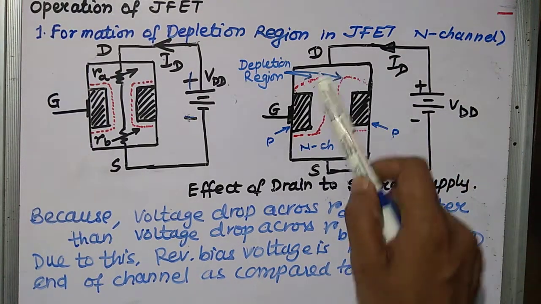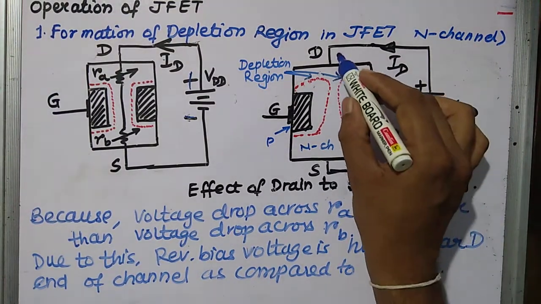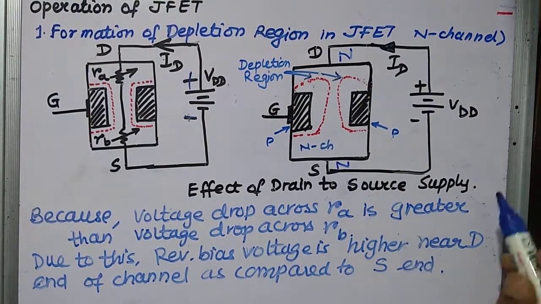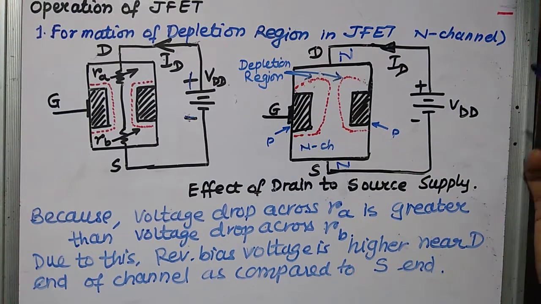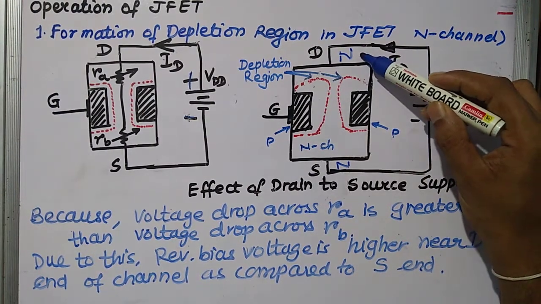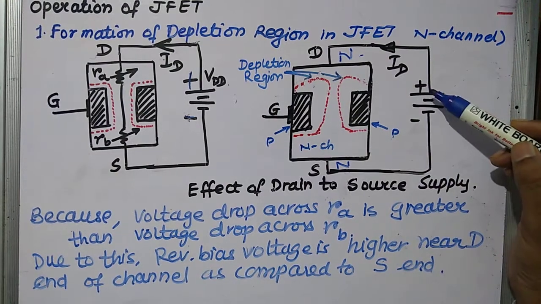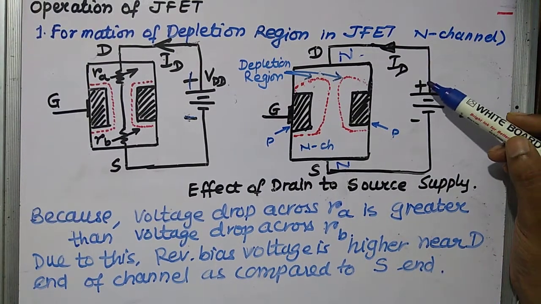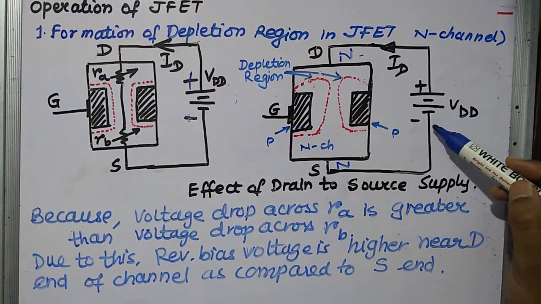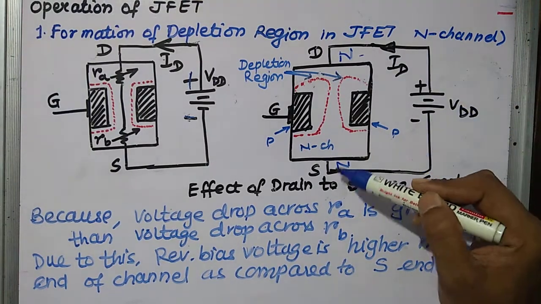Now if this is N and this is also N, where will the reverse bias be more? Of course, N, when it is connected to the positive terminal of the battery, means the reverse bias will be more near the drain and it will be less towards the source.